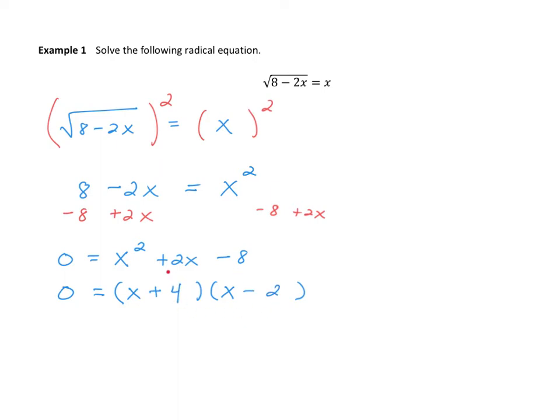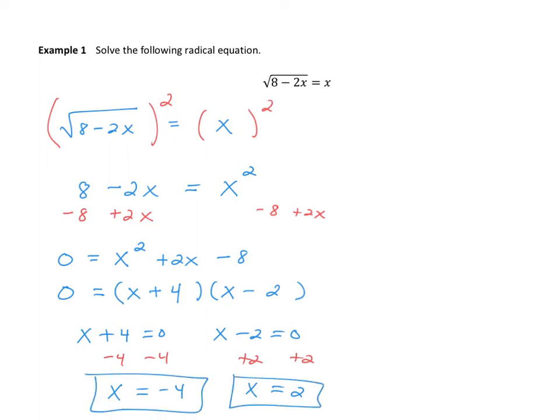The sum is positive 2. To get the solutions, I will take both factors and set them equal to 0. I'll subtract 4 from this one, but I'll add 2 to both sides on this one. And this gives me my two solutions. x is equal to negative 4, and x is equal to positive 2.